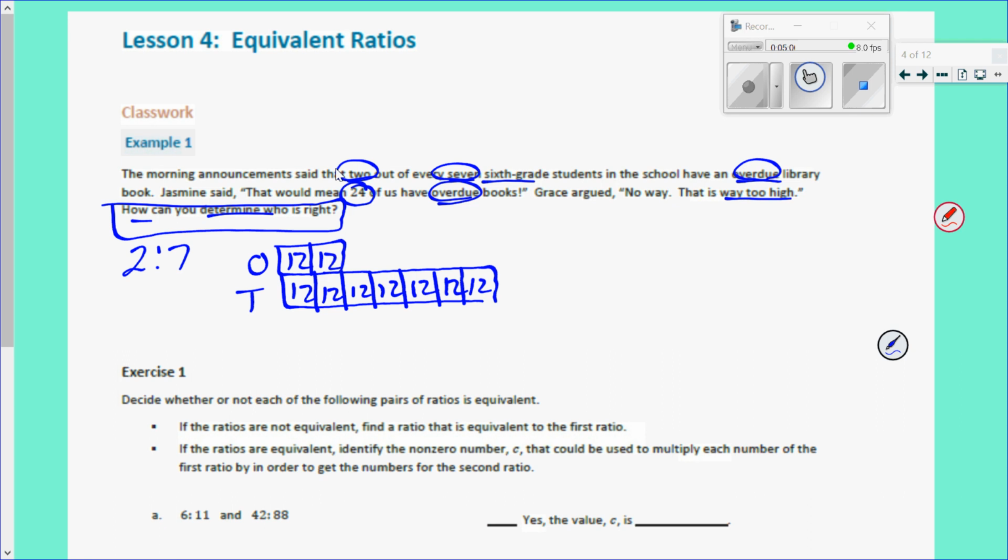Well, I know that because I used that 24 to get the 2 12s. But does that answer the question of who's right? Is it Jasmine, that 24 have books? Or is Grace right that 24 is too high? 24 is too high. How do you know? Because of our ratio constant, right? Our ratio constant got us the 12, so we can see what Jasmine was saying.